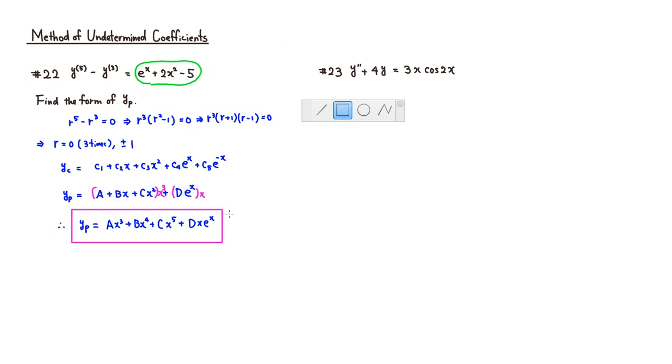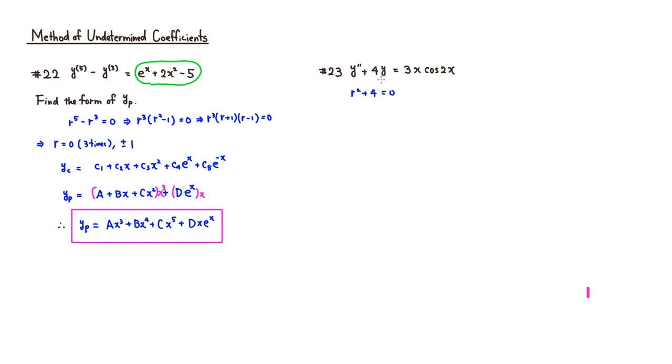So this is the form of the particular solution. All right, let's do another one. Very, very similar. First, we need to find the complementary solution. So let's go ahead and do that. So you have r squared plus 4 equals 0.